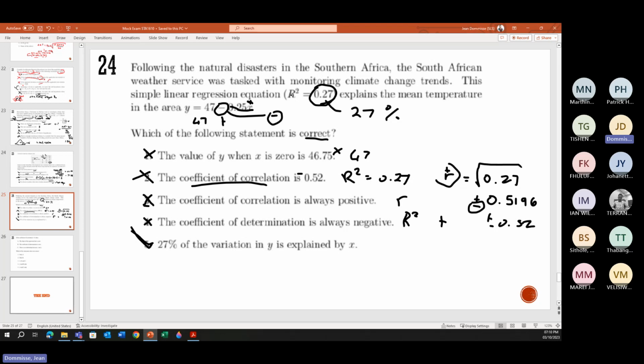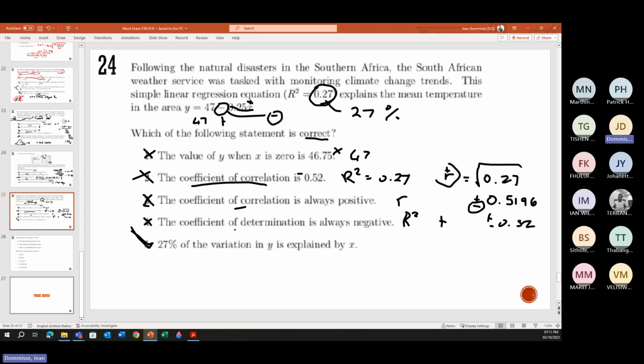It shows you the variation in Y that is explained by X. In this one, a lot of definition again, because it asks you about the coefficient of correlation and more definition than anything else.